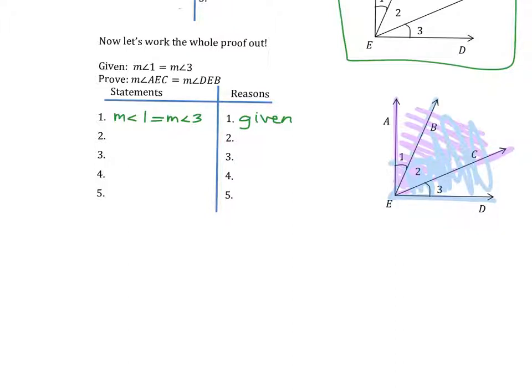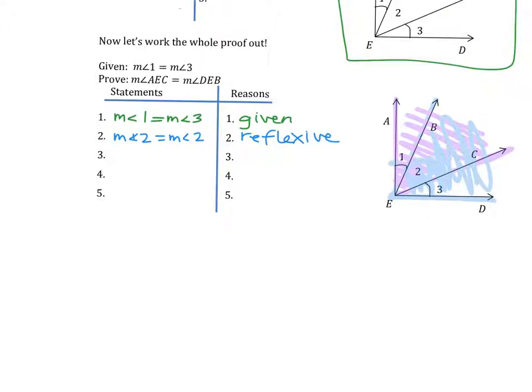You're going to say for that step that the measure of angle 2 is equal to the measure of angle 2, because we're thinking of them as parts of two different angles. Which property is that? Where we say that something is equal to itself. If I look in the mirror, that's the reflexive property. Think reflection. So that's the reflexive property.